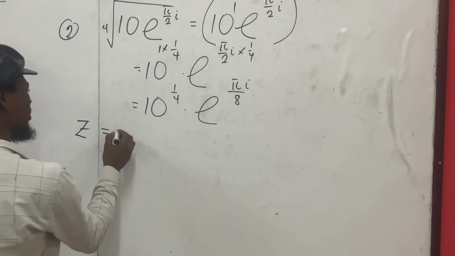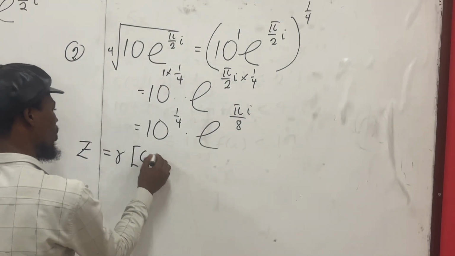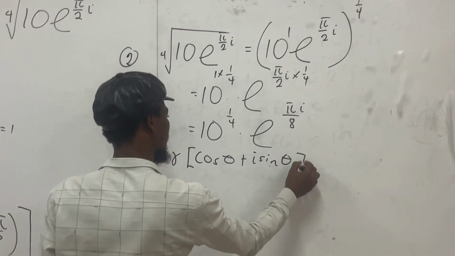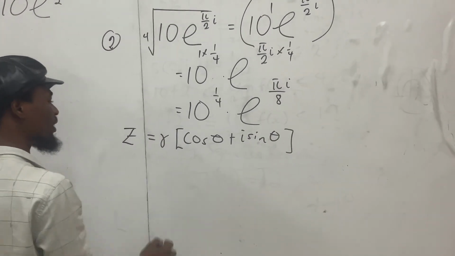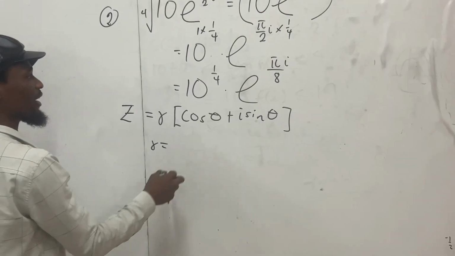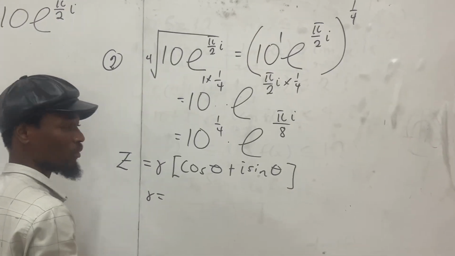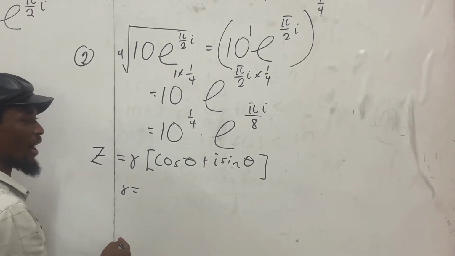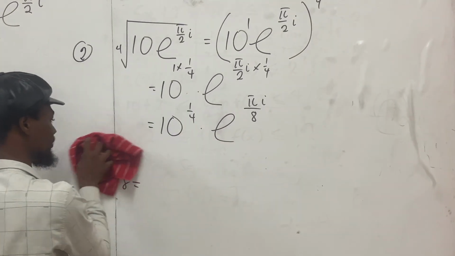the polar form is r, then cos theta plus what? i sine theta. Is that not so? So what is r? So r here is, this is my r by comparison. So what is my r, okay?